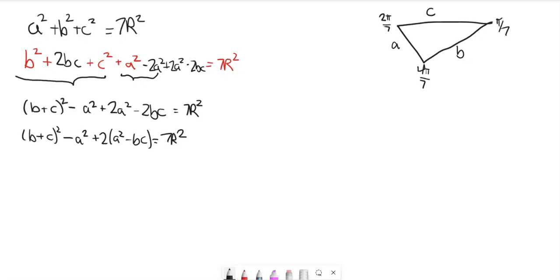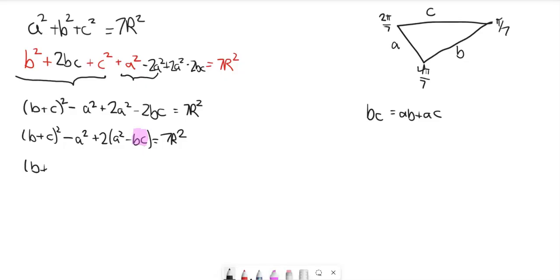Now here's what happens. We know for a fact that bc is equal to ab plus ac, just like so here. So with the bc right here that I'm underlining, let me highlight that, what I'm going to do is rewrite the equation as follows.